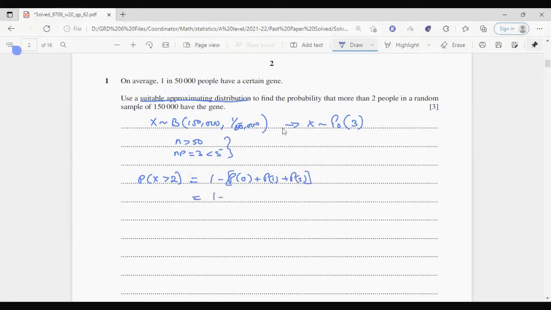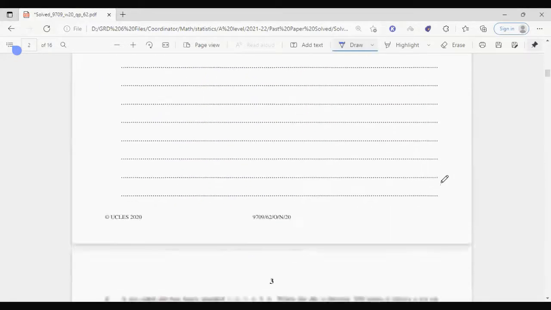That will give you e to the power of minus 3 times 1 plus 3 plus 3 to the power of 2 over 2 factorial, which will give you an answer of 0.577 corrected to 3 SF. That's the first question. Moving on to the second.